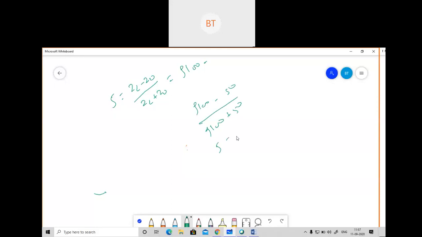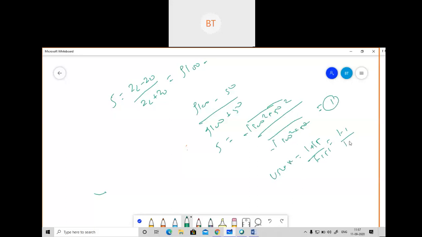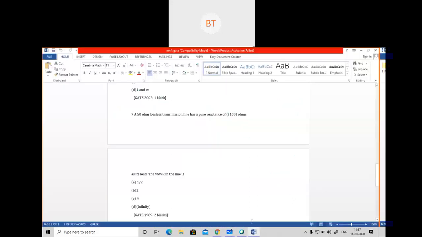If you calculate the reflection coefficient here, the magnitude is the square root of (100 square plus 50 square) upon the square root of (100 square plus 50 square). So you will get 1 here. VSWR will be (1 plus this) upon (1 minus this). So 1 minus 1, that is 0, so VSWR is infinite. This is a simple problem. This was a 2 mark problem.